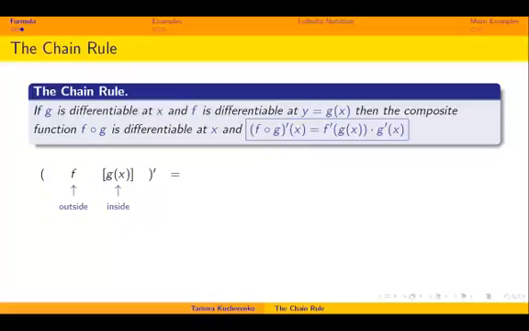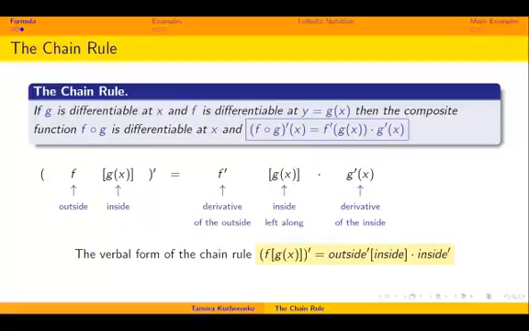We need to differentiate the outside function f first and leave the inside g of x alone. Then multiply by the derivative of the inside, g prime of x. The verbal form of the chain rule is: outside prime of the inside times inside prime.